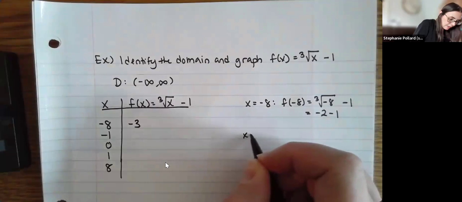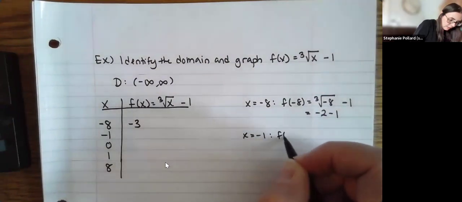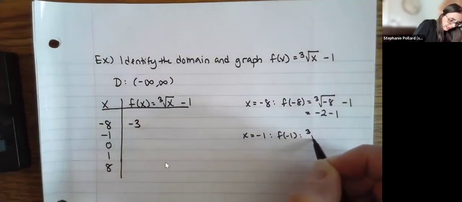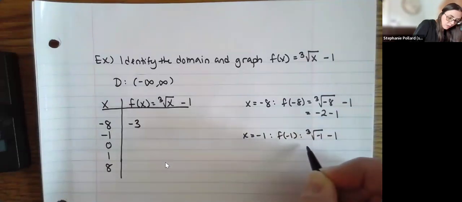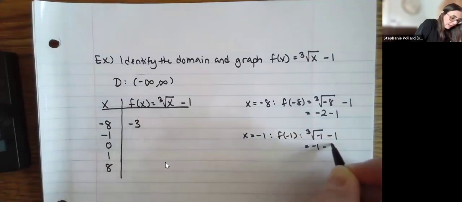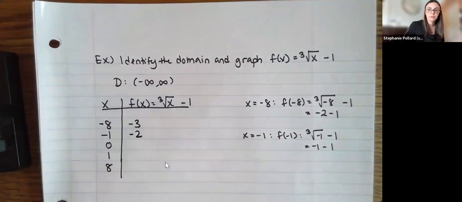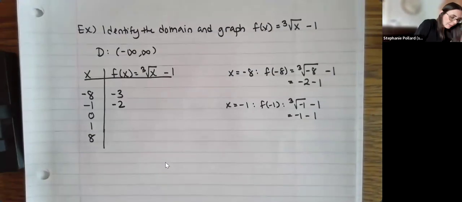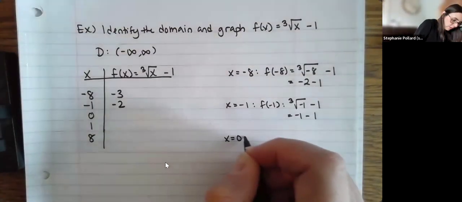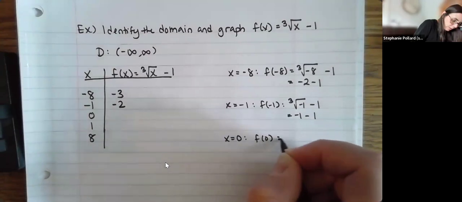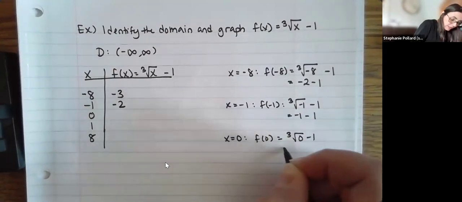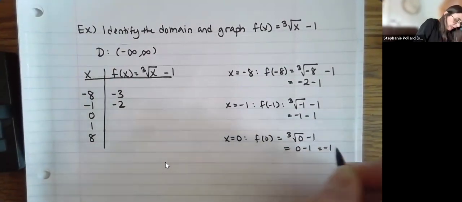When I plug in -1, I get the cube root of -1 minus 1. Cube root of -1 is -1. Minus 1 is -2. When I plug in 0, I get the cube root of 0 minus 1, which is 0. So I get -1.